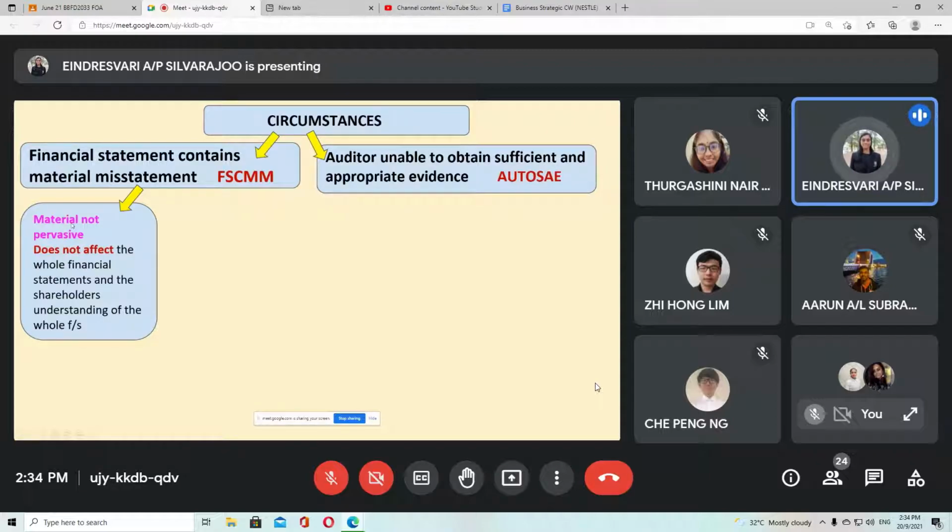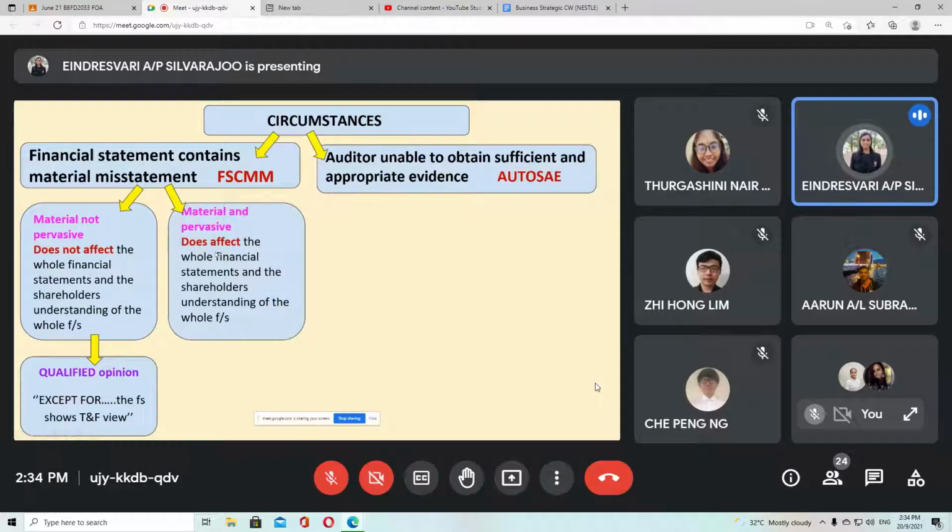Pervasive means the whole financial statement is no longer reliable. If the error is material but not pervasive, it doesn't affect the whole financial statement, so the auditor will issue a qualified except-for opinion. If it is material and pervasive, that means the whole financial statement is affected, so the auditor will issue an adverse opinion.